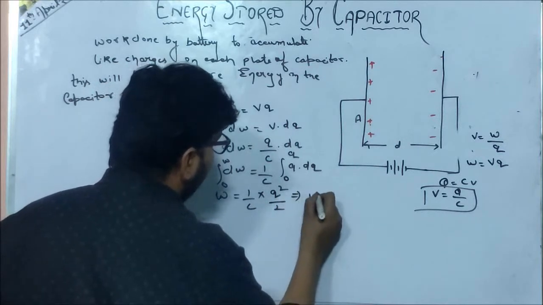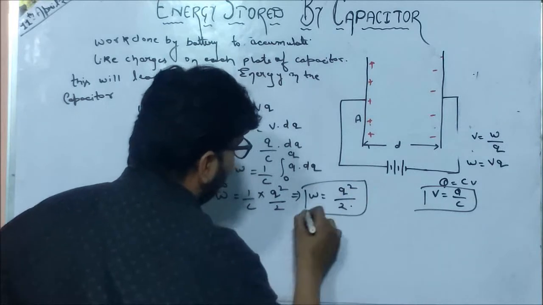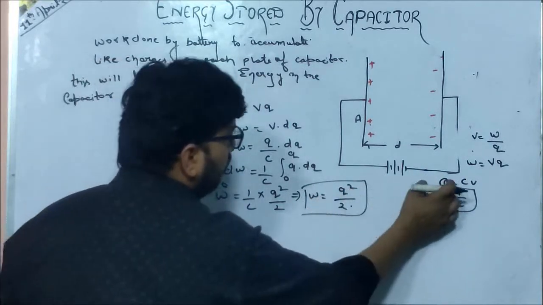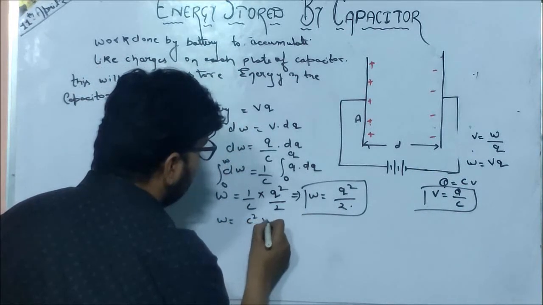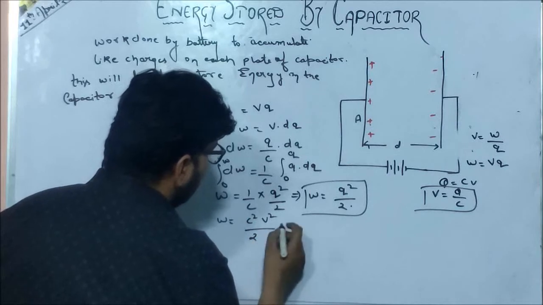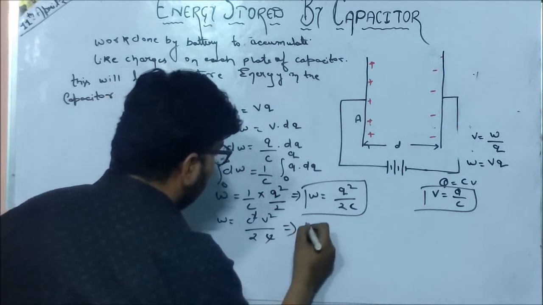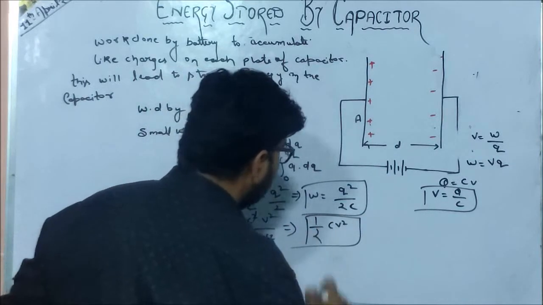So the work done is equal to Q square by 2C, or again if we put the value of Q is equal to CV, then work done will be equal to C square V square by 2. So C will cancel out C, so it will have the value half CV square.